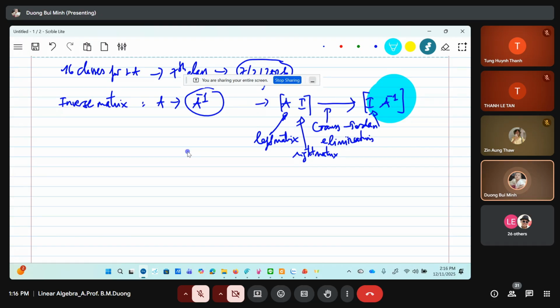More generally, if we have A with m rows and n columns, we would like to figure out the inverse of A. How can we do it? We add the identity matrix.